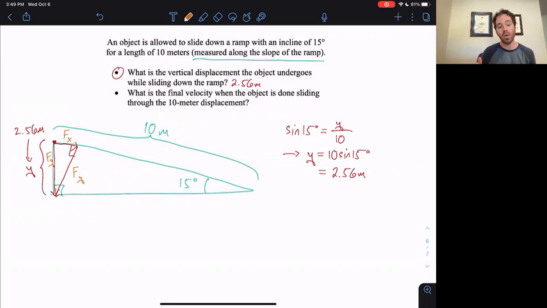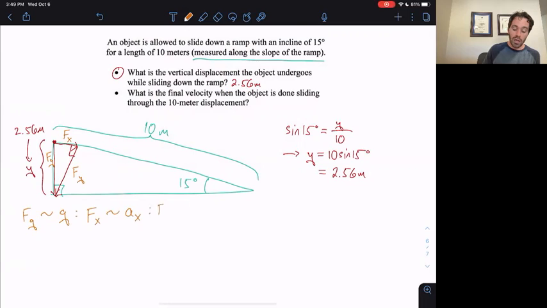Now remember, these are going to be proportional to the accelerations. So Fg is proportional to acceleration due to gravity, which we can simply write as g. And then similarly, Fx is proportional to the horizontal acceleration.